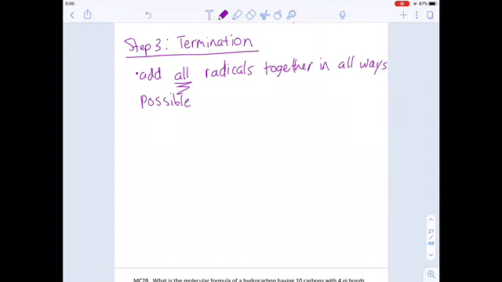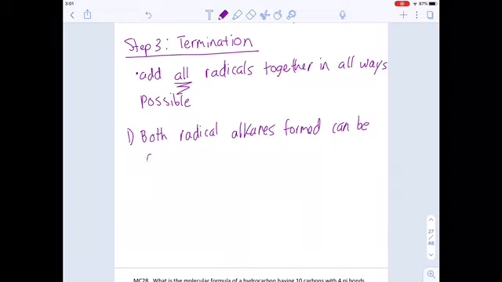So these are the 4 ways that they'll usually add together, and I'll show you in context of an example. So, number 1 is that both radical alkanes formed can be added together.